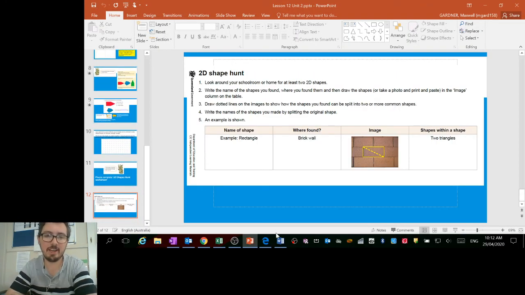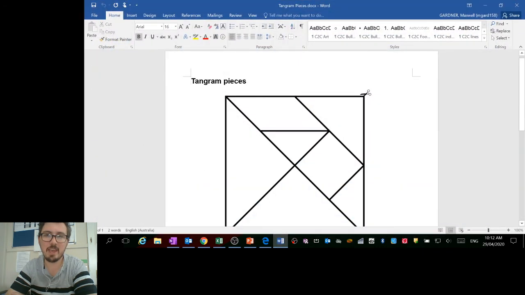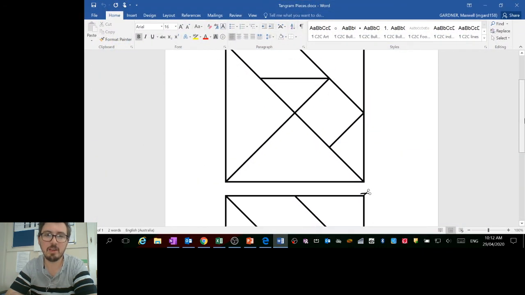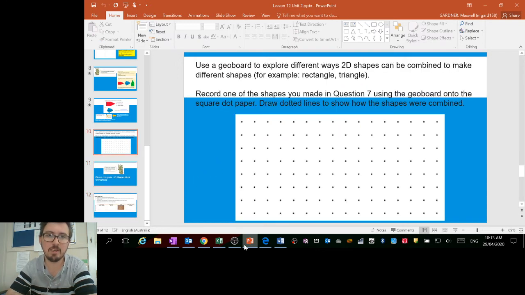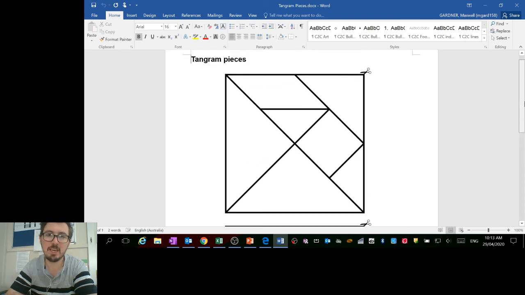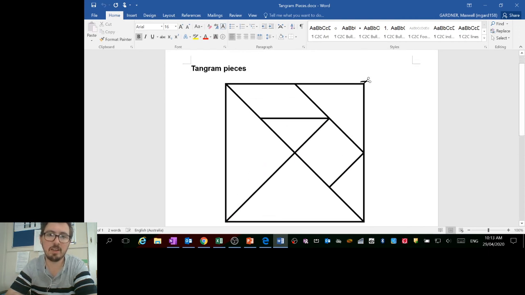The additional activity in there was the tangram. So if you want to, instead of this slide here, instead of doing that, what you can do is you can take these tangrams, you can cut them out, cut along all the lines, so you cut out the square first, then you cut out all the individual shapes, and then you got to try and put them back together in the square shape.